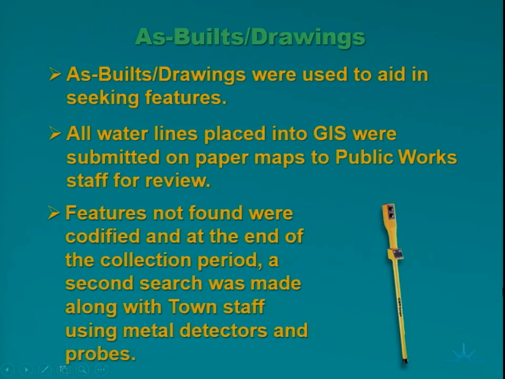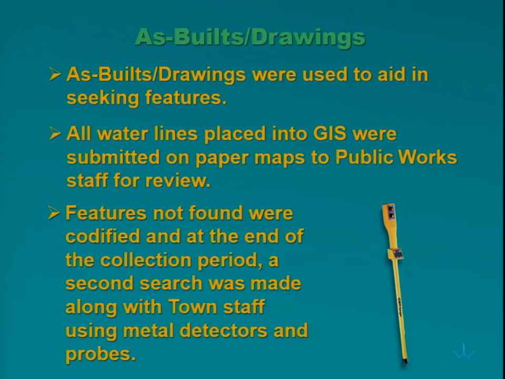We also used as-builts, because you could say, oh, there's a valve here. So we would know there's supposed to be a valve here, and we could look for it. The features we couldn't find were codified. If we couldn't find it, we just marked it as about where it is, and we said this is a missing feature, and we kept all those till the end of the project.